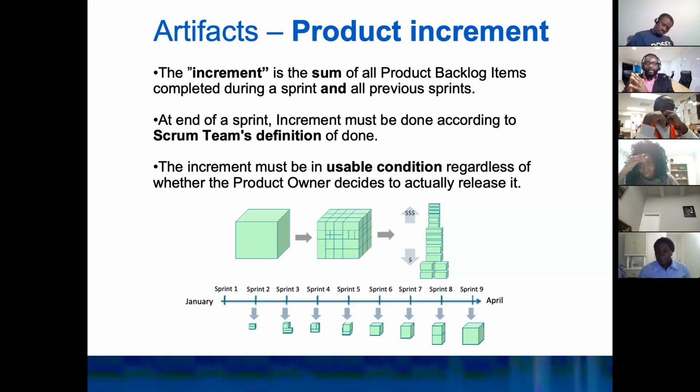And that's something that I was emphasizing yesterday. I was telling you every product increment needs to be in releasable condition, but it doesn't mean that the product owner is going to release that product increment in production. But it needs to be in a releasable condition, okay?